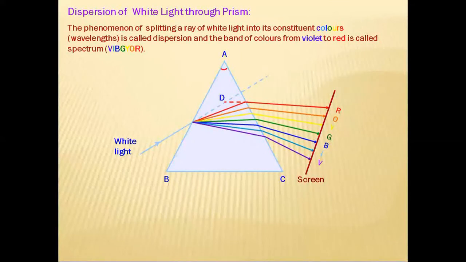It is called dispersion of light, and the formation is called a spectrum. Dispersion is the separation of white light into colors according to wavelengths. A spectrum is the band of colors observed as a result of dispersion.